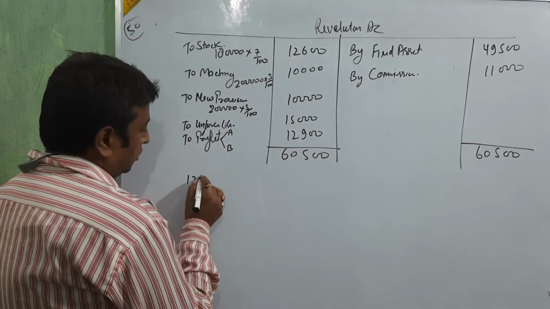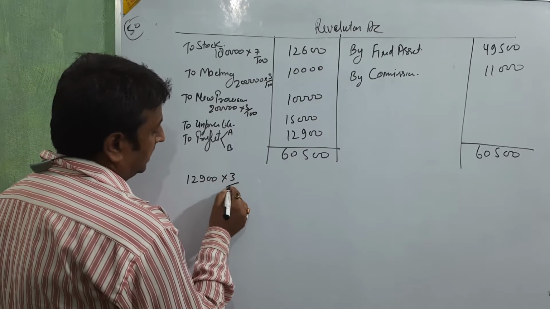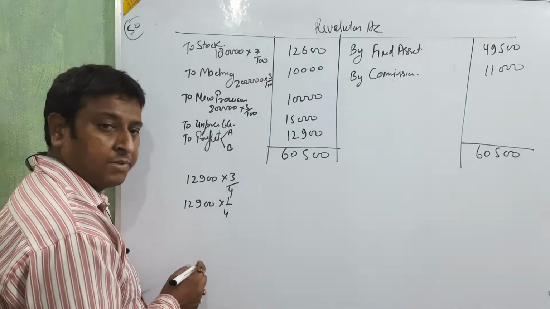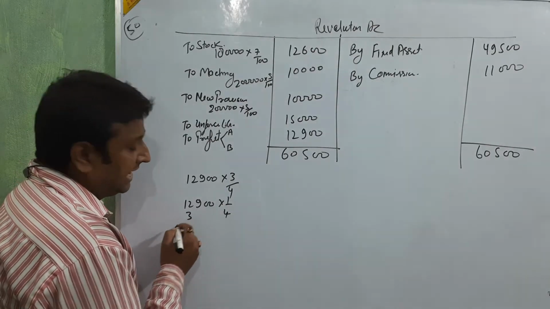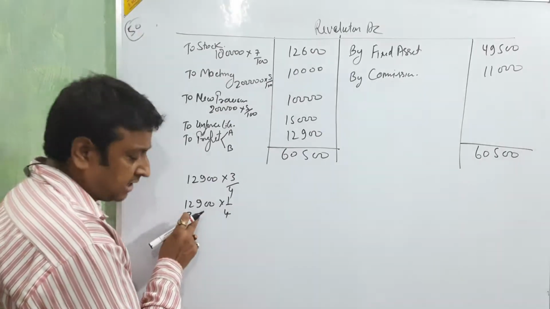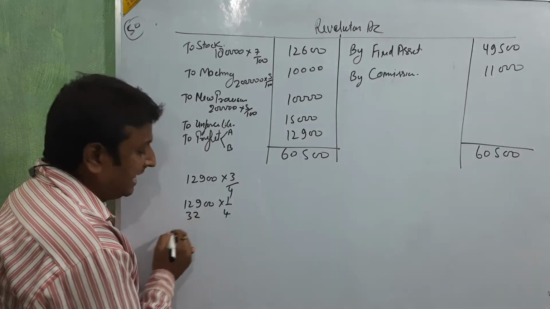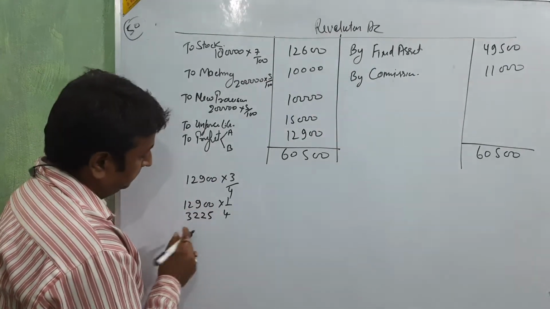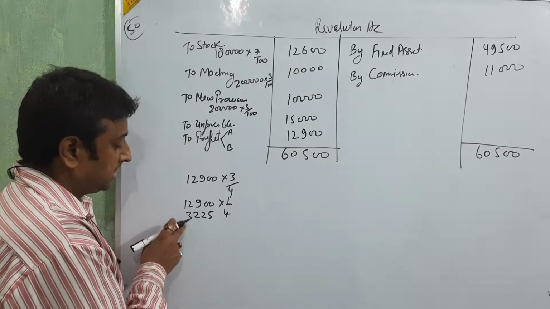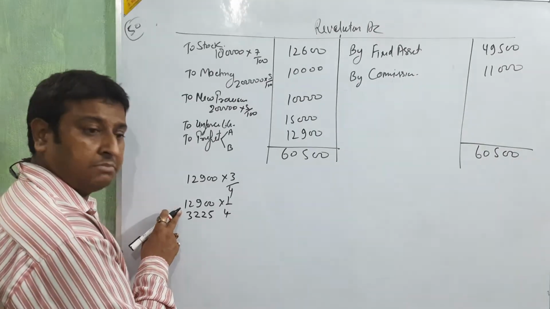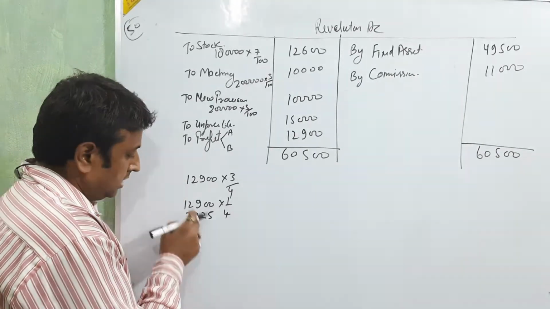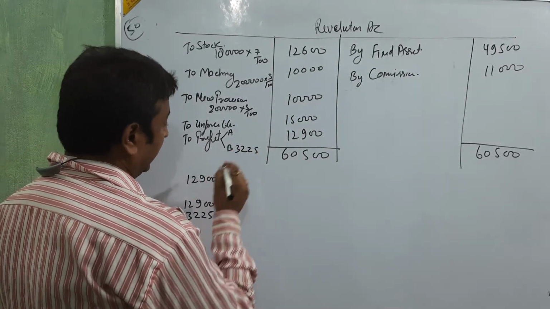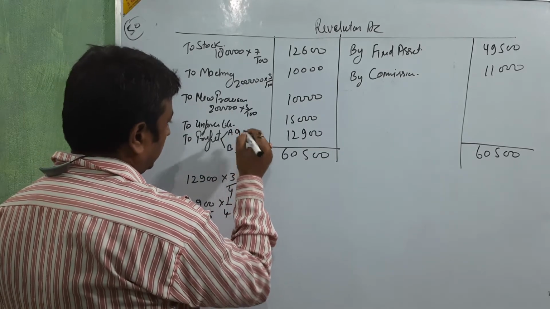Just divide here: 12,900 into 3 upon 4, and 12,900 into 1 upon 4. Divide by this 3 times. Clear? 3 times 12, then 3 to 2, and here 9.